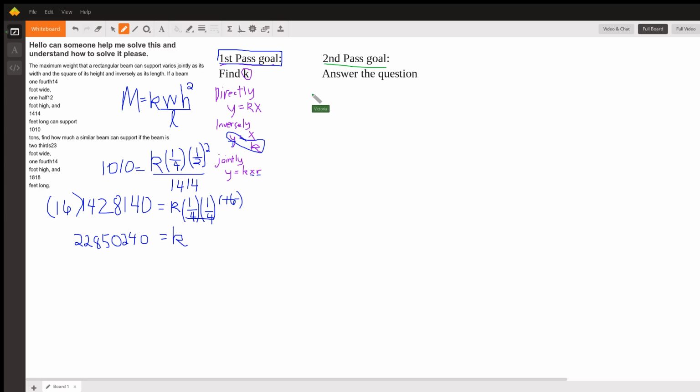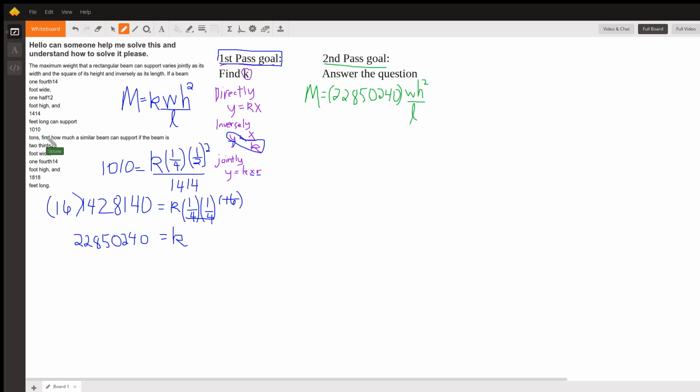So this one, we put the formula down exactly like before, with our m on the opposite side of L, and we put k in here, and we have w on top, h squared on top, and L goes on the bottom.